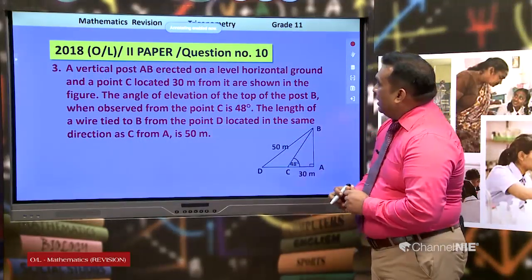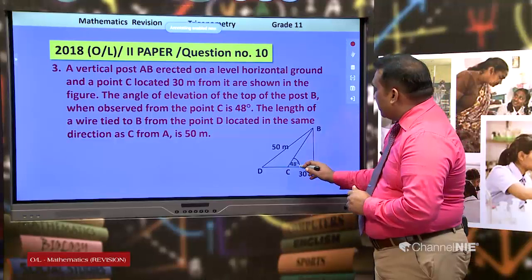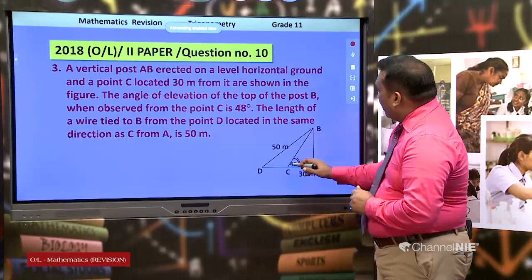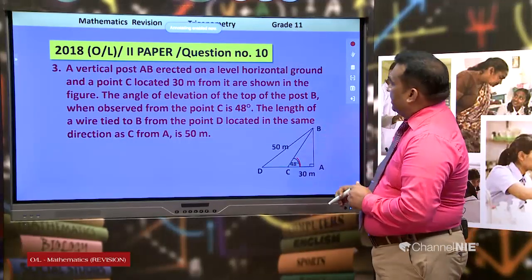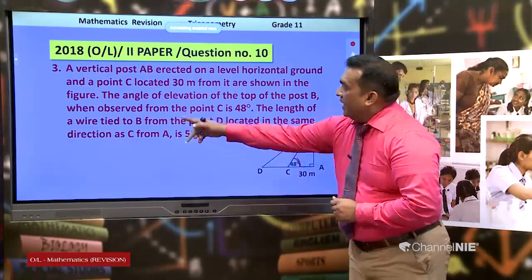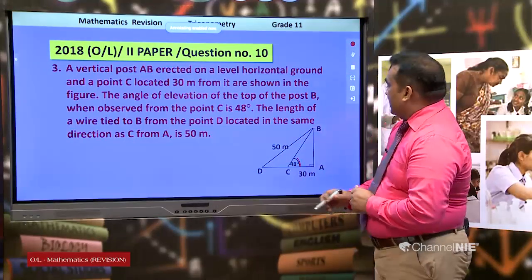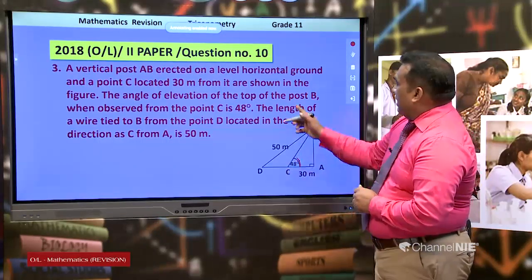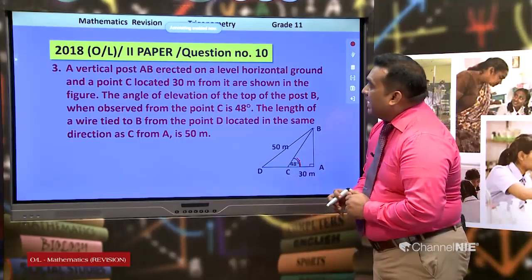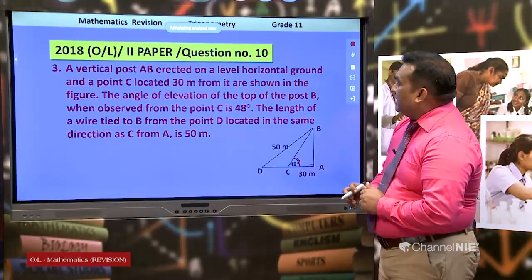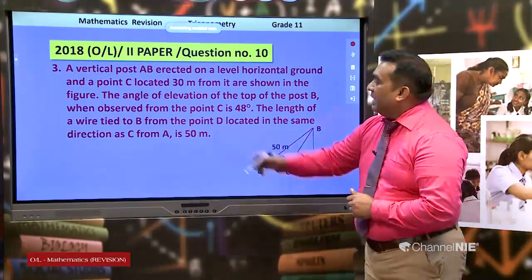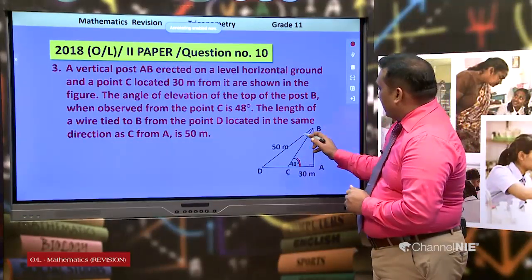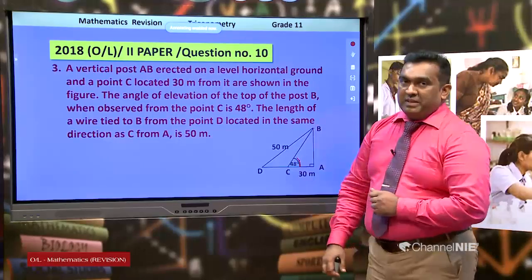The angle of elevation of the top of the post, B, when observed from the point C is 48 degrees. The length of a wire tied to B from the point D, located in the same direction as C from A, is 50. This length is 50.